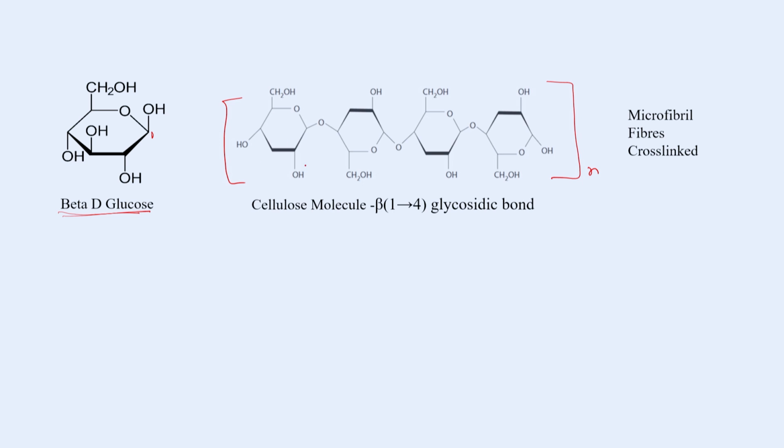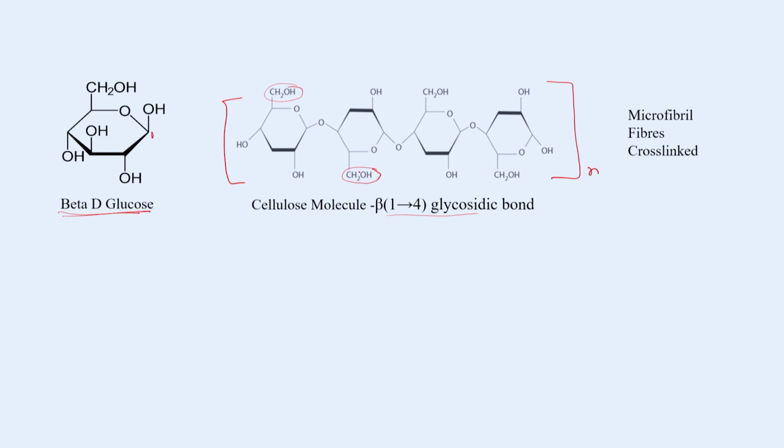When they form this beta 1,4 glycosidic bond, we can see here that the adjacent glucose molecule is inverted in orientation. You can see that the CH2OH group is on one side of one glucose, however, it is on a different side on the other glucose molecule.